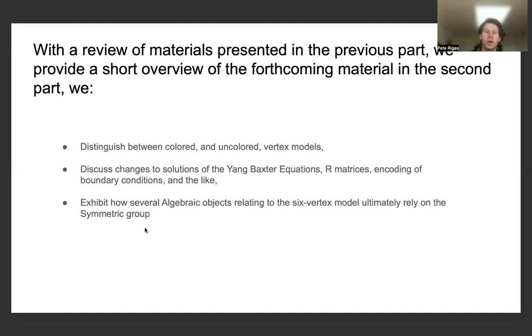This will overall help us exhibit how several algebraic objects relating to the six vertex model ultimately rely on the symmetric group. We'll demonstrate how these objects share properties and qualities and very basic objects defined in the symmetric group, and how this group relates to the partition function of the model. This is of interest because for discussing the connection between the partition function of the six vertex model and the double Grothendieck polynomial, the colored R matrices will come into play.